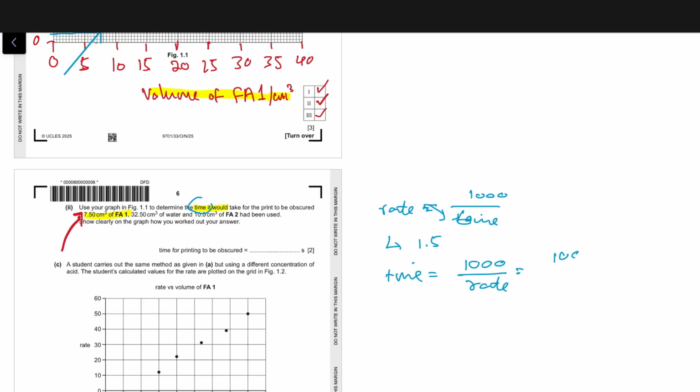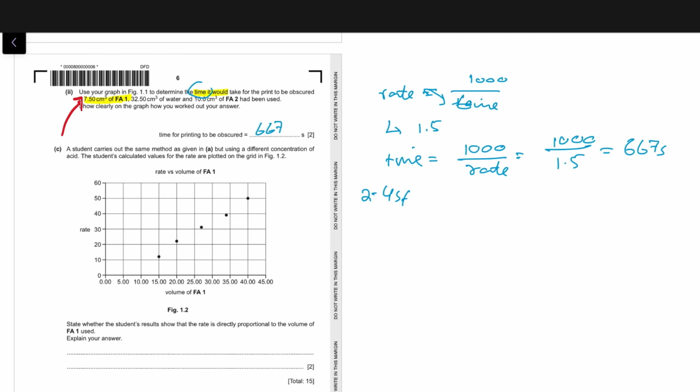So 1,000 divided by 1.5, which is equivalent to 667 seconds. You get 1 mark for a correctly drawn line and a rate that correctly reads within half a small square, as well as carrying out the calculation and then giving an answer within 2 to 4 significant figures.